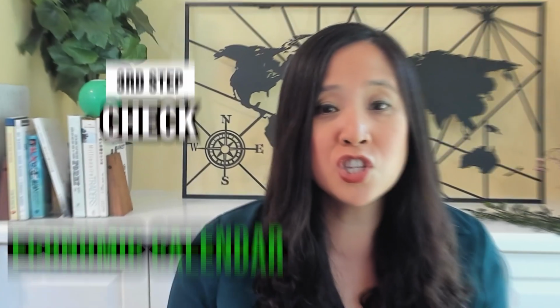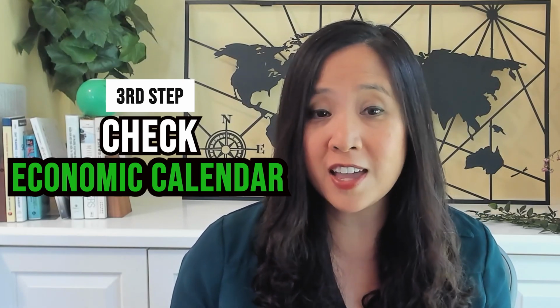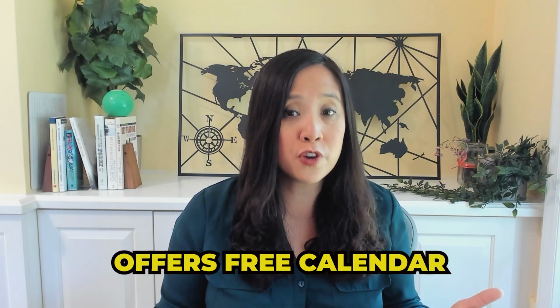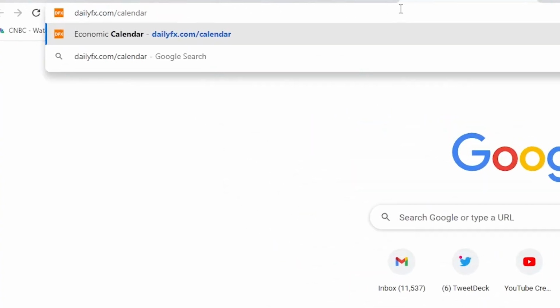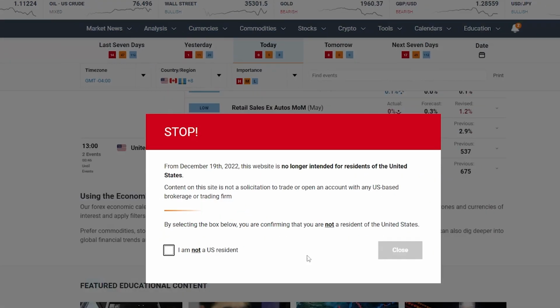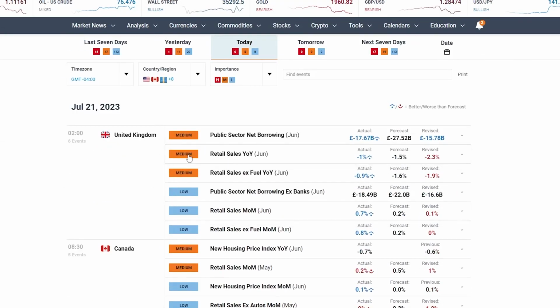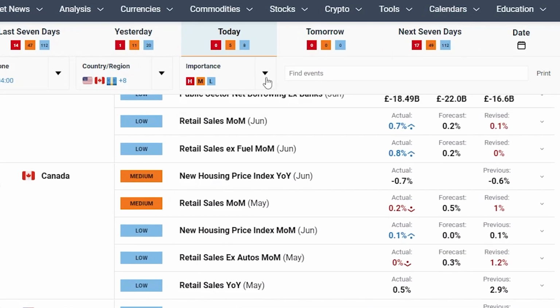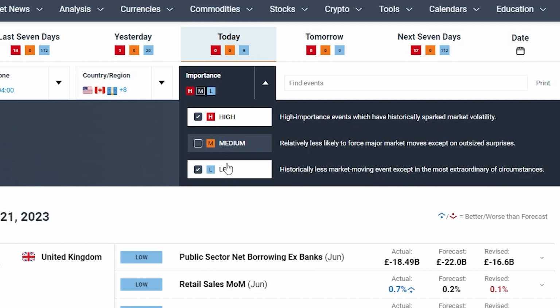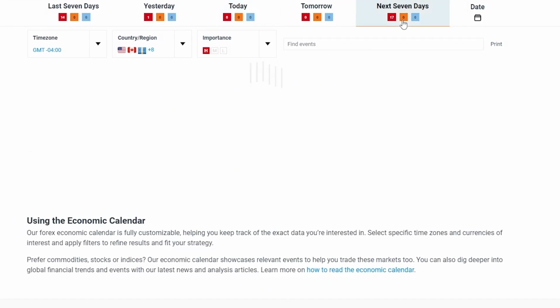The third step is to check the economic calendar every day. DailyFX.com offers a free comprehensive calendar. Just go to DailyFX.com, click on the calendar, and you'll get all of the main events each day. I helped to build DailyFX.com, so I know exactly what they include. These events are ranked by low, medium, and high, and the high importance ones are the ones you need to follow.